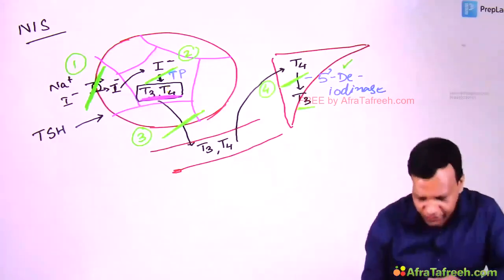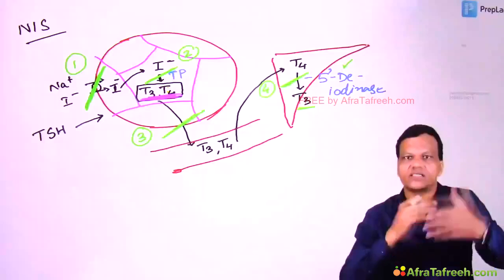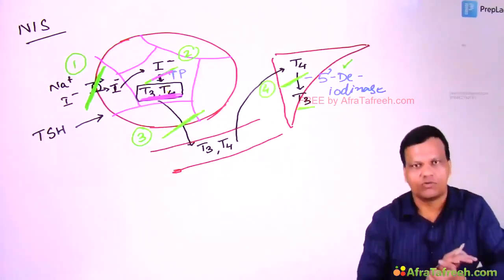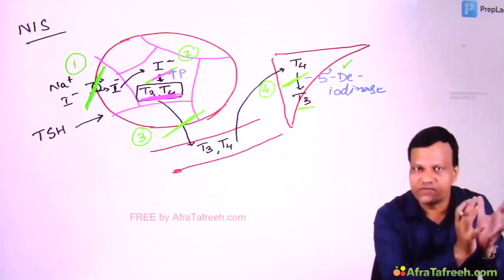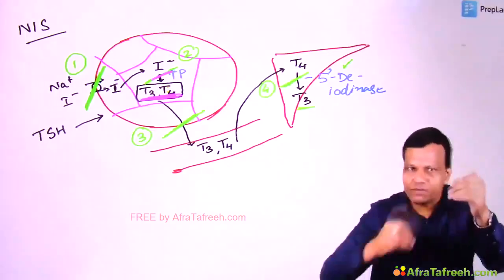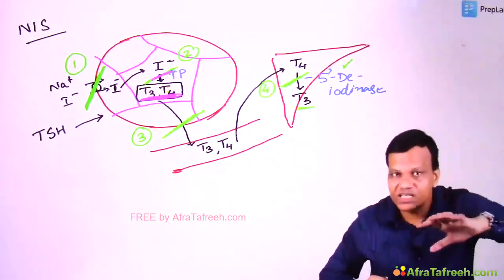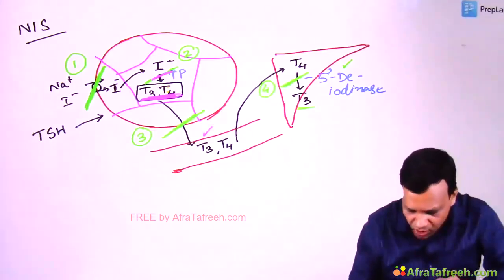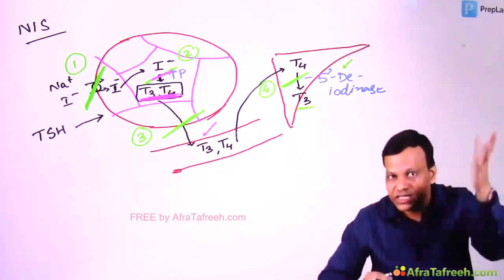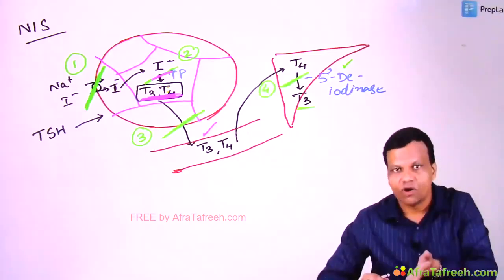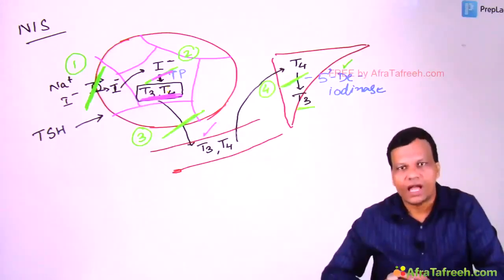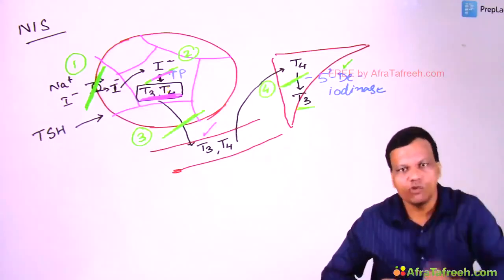So if a person already has a large amount of stores, and we give a drug which inhibits the formation of thyroid hormones, it will not manifest itself, because the hormone which is already stored will be released. We are not stopping the release. So the effect will come when this release stops, or when the hormone already present finishes, and that will take around 3 to 4 weeks.